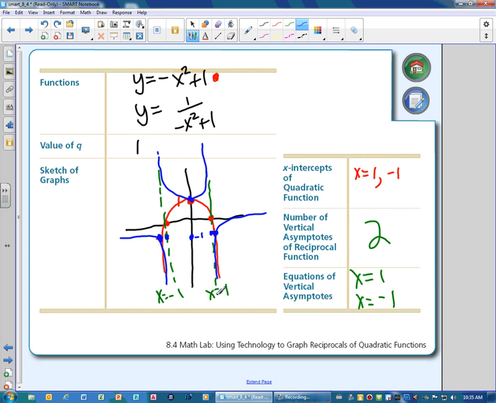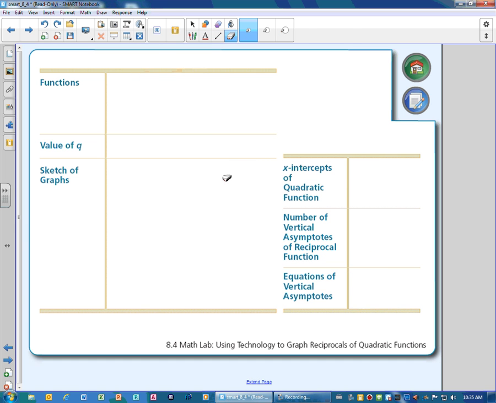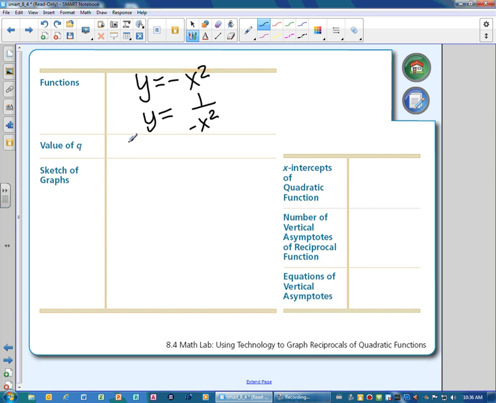How about just plain old y equals negative x squared? Two more. We're done. And its reciprocal. Value of q would be 0. Okay.